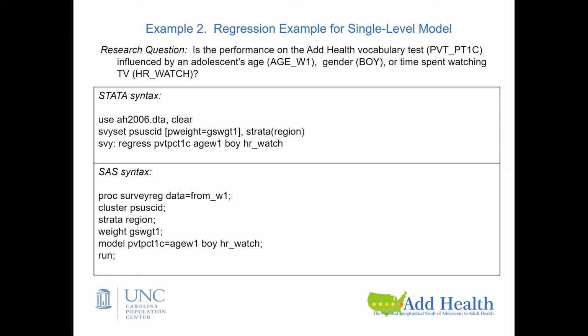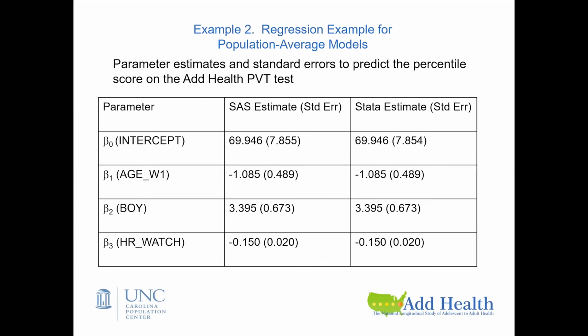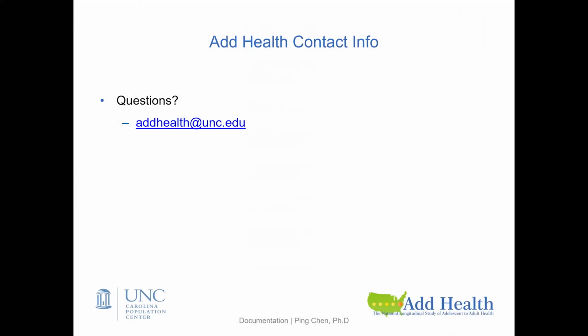So here's the syntax, and here's the result. You get the parameter estimates in SAS and Stata, and what you see here is that increasing age lowers the score. Males have higher scores, and TV hours reduce the score. And that's it. I finished within time, and I'm happy to take your questions at any time.